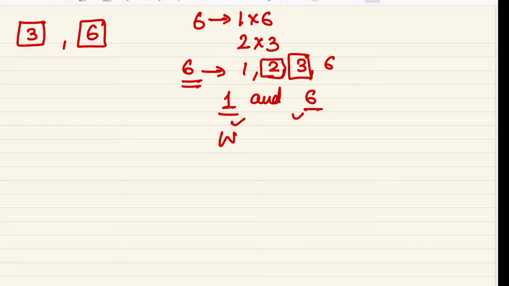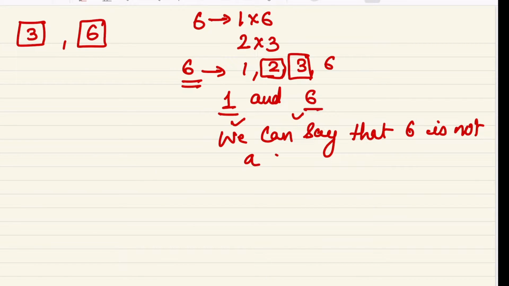So we can say that 6 is not a prime number. This method is easy when you have a smaller number to find out whether it is prime or not.